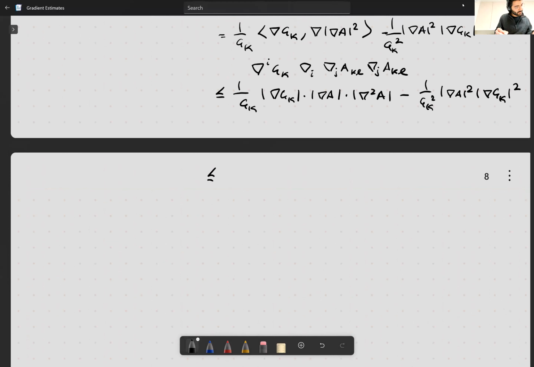What do I need to do here? So I get less than or equal to 1 on GK squared.